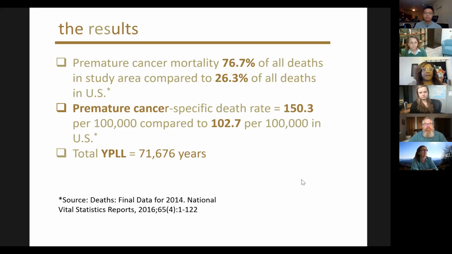We also found a premature cancer-specific death rate of 150 per 100,000 people compared to 102 per 100,000 in the US. So these numbers are greater in this area than for the entire nation. Additionally, the total years of potential life loss for this study area was 71,676 years. It's a lot of things people could do with that time.